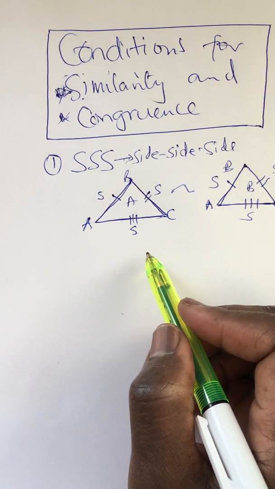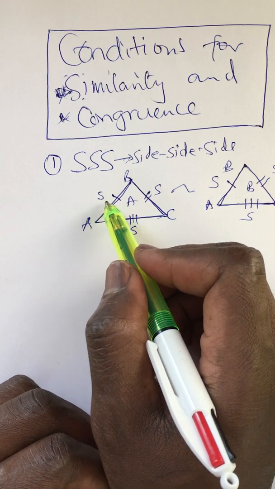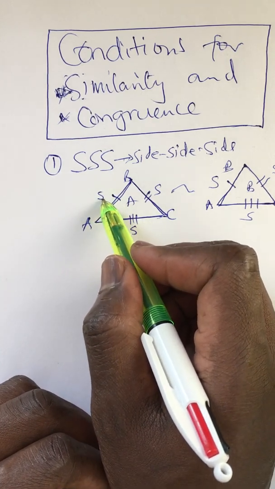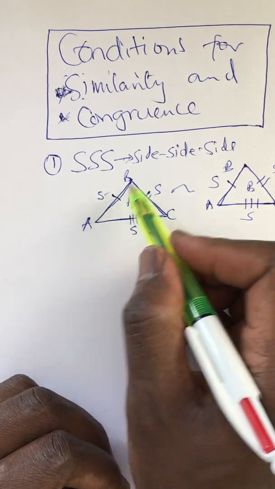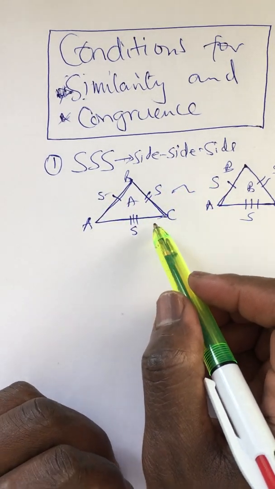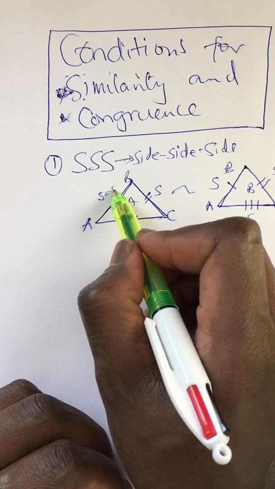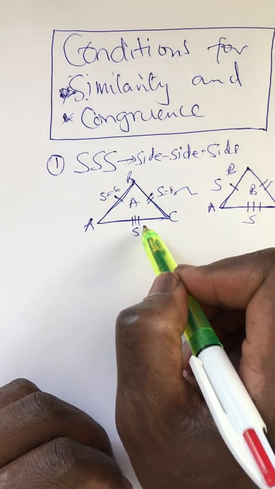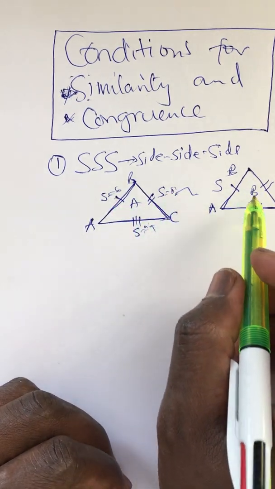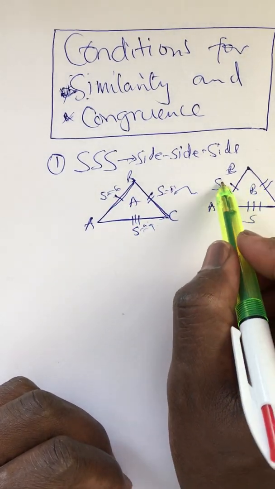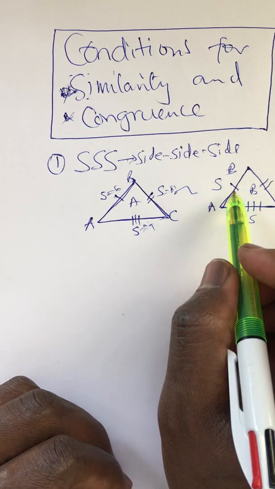And to make them congruent, you just need to assign some size by giving lengths to the sides of the triangle. Maybe you can say this one is 6, this one is 8, this one is 9, and then the same lengths have to be replicated on the other triangle as well, regardless of whichever side you choose.